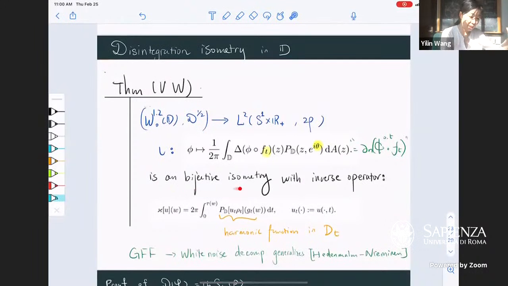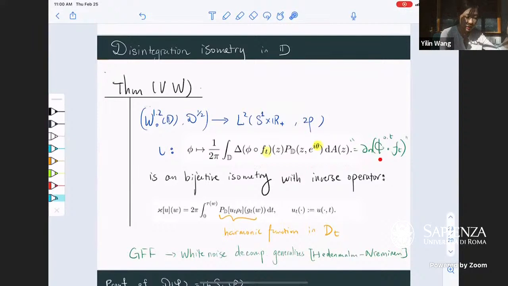There is one result that we obtained: a very nice bijective isometry, where we start with a finite Dirichlet energy function. Not much assumption on rho here. You can take rho to be Dirac measures. There's some assumption on it, but quite weak, so that we can get a map to the L2 functions on the cylinder, by this explicit form.